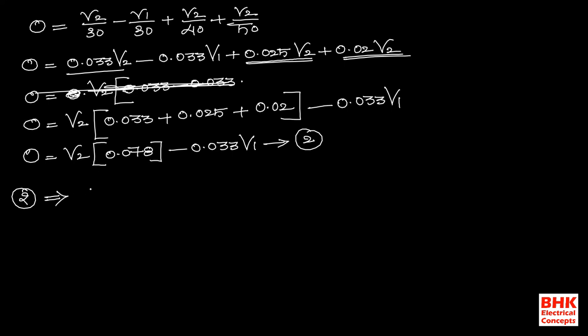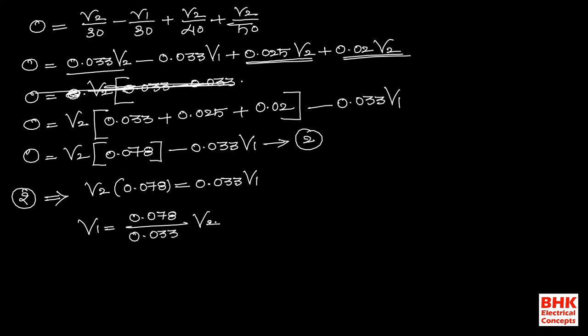Now from equation number 2, V2 into 0.078 is equal to 0.033 V1. Now from this expression, I am writing the expression of this one. So V1 is equal to 0.078 divided by 0.033 into V2.